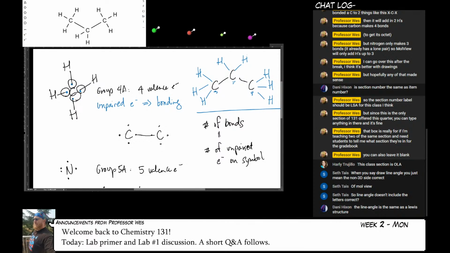Lewis structure has all the atoms shown. The other term that the textbook uses for the Lewis structure is expanded structure. We're going to go over all these tomorrow. And then the condensed structure would be CH3, CH2, CH3, written in like a sentence.